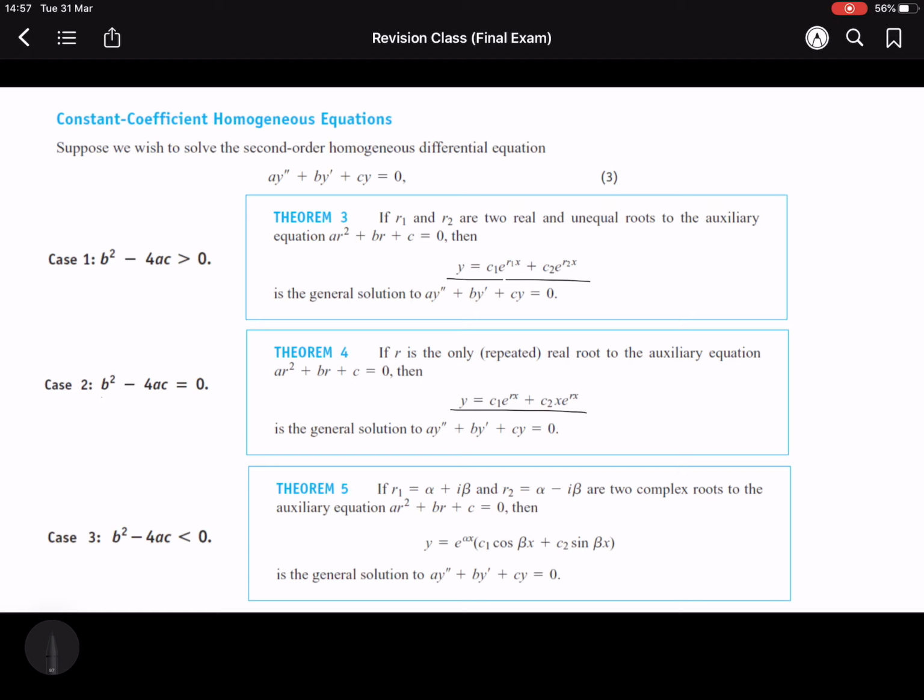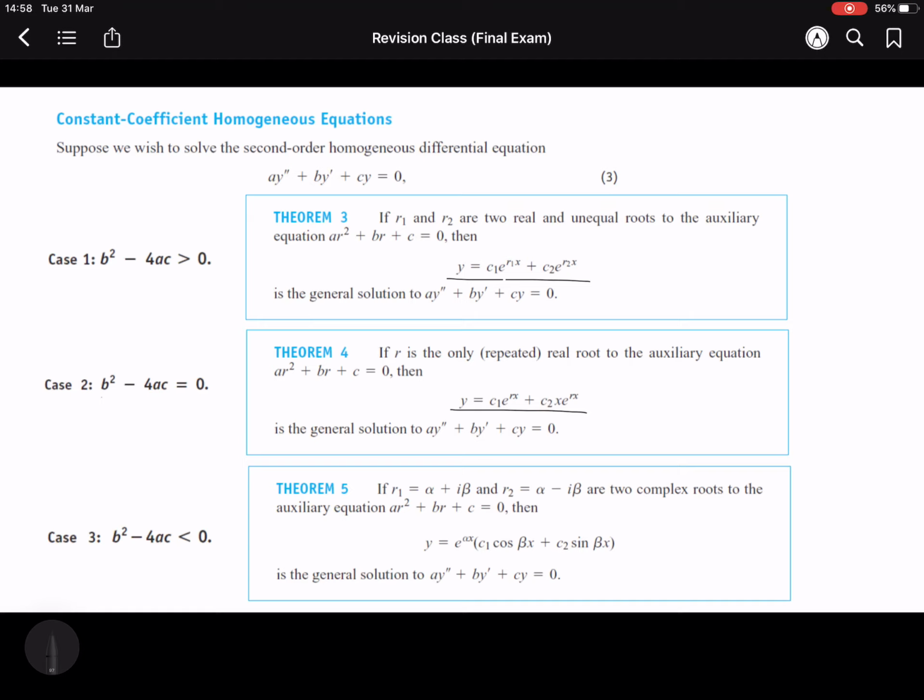So you have y equal to c1 e raised to the power of r1 x plus c2 x, the additional x multiplied with the exponential of r2 x. But again, r1 and r2 remain the same, so they have the same value.